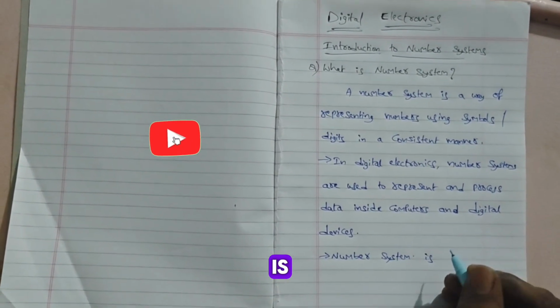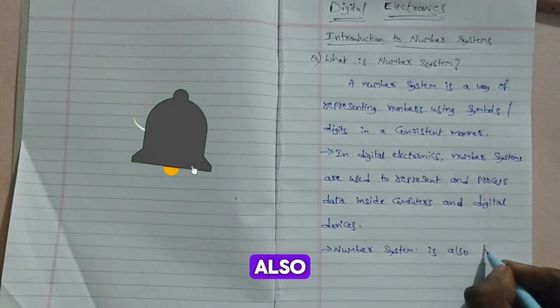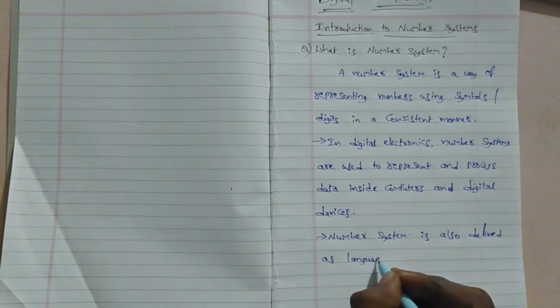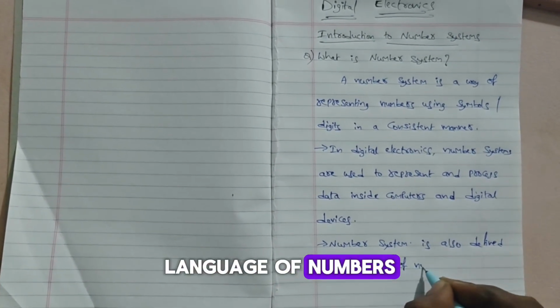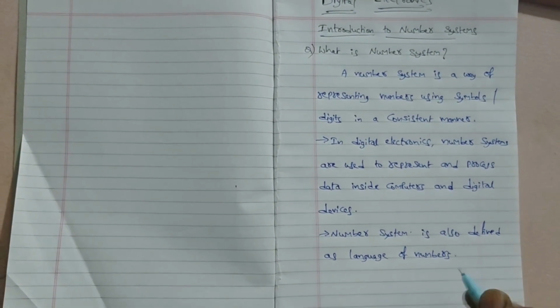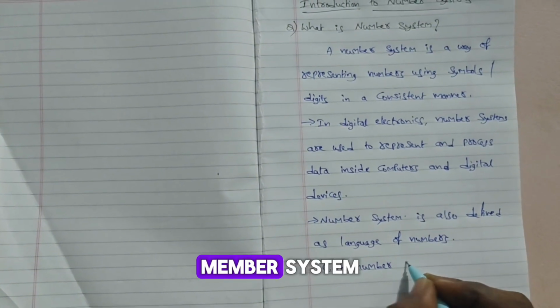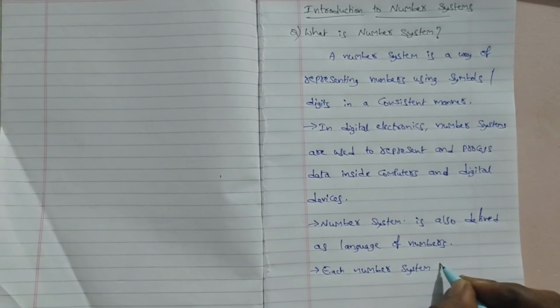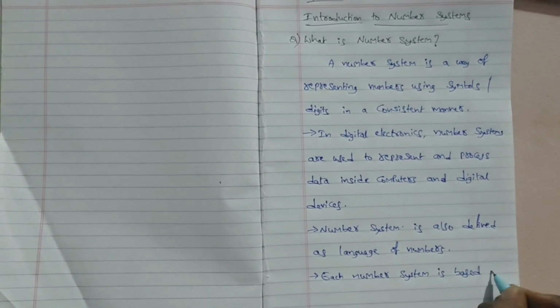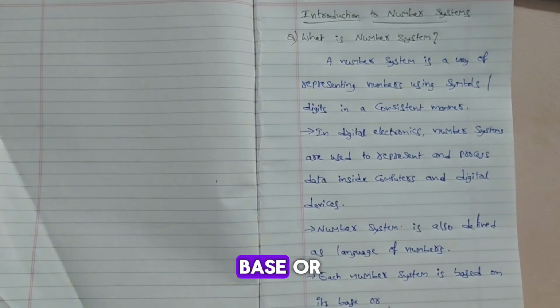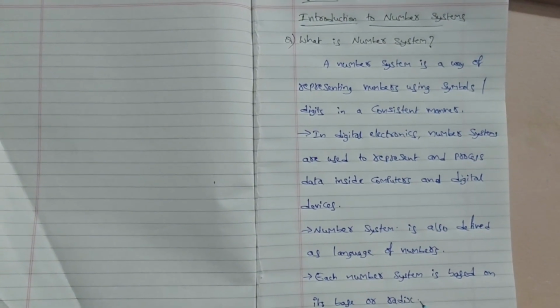A number system is also defined as the language of numbers. Each number system is based on its base or radix.